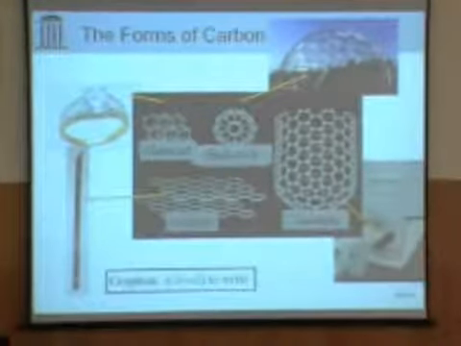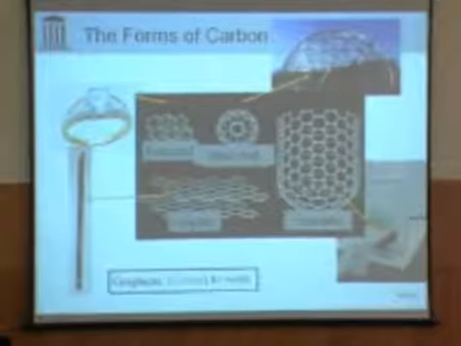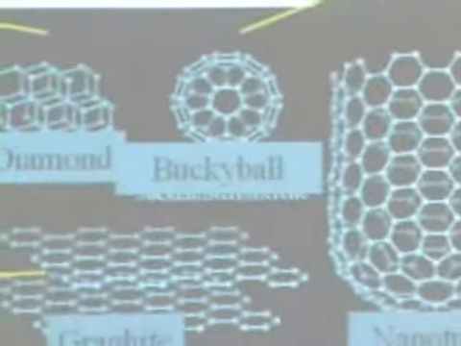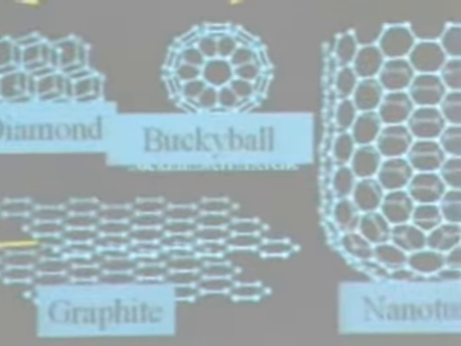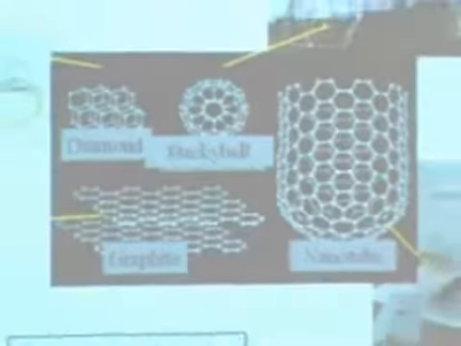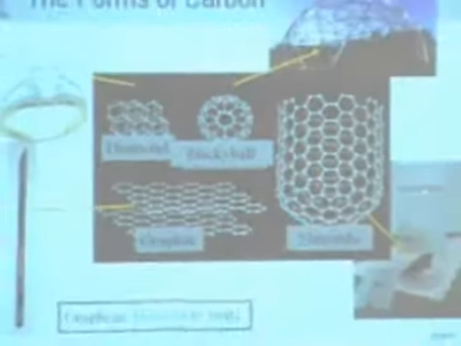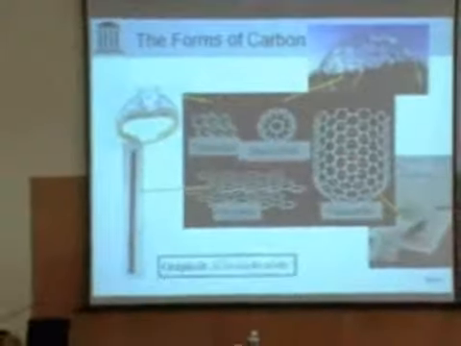The other fascinating thing about this is typically when you do atomic scale studies in condensed matter physics, you have to do this in ultra-high vacuum so that there's no impurities on your sample. Well, it turns out due to the nature and the non-reactivity of carbon in these forms, we could actually perform these experiments in air or the vacuum of an electron microscope and see atomic scale phenomena.